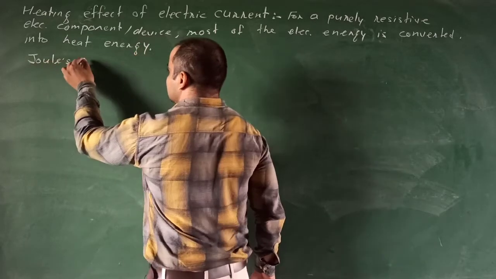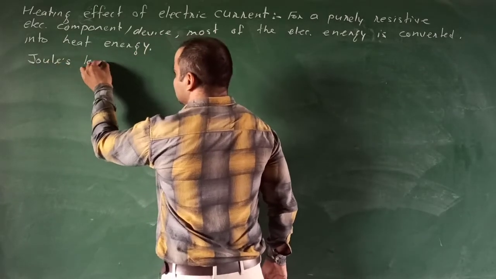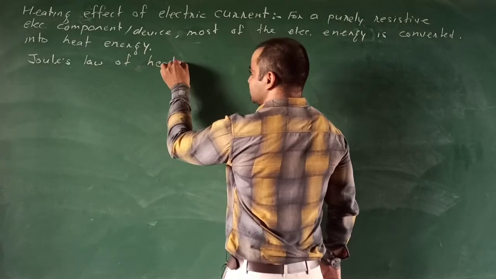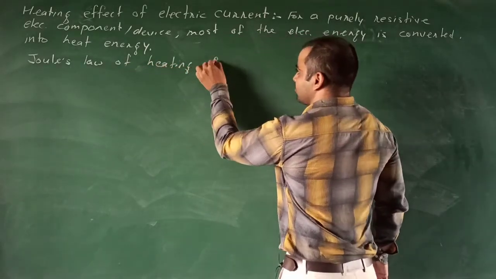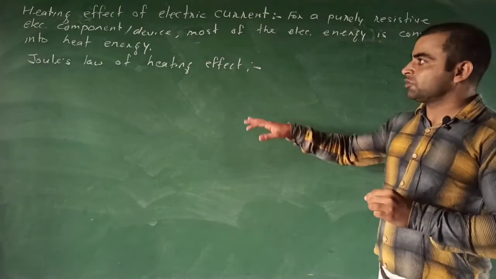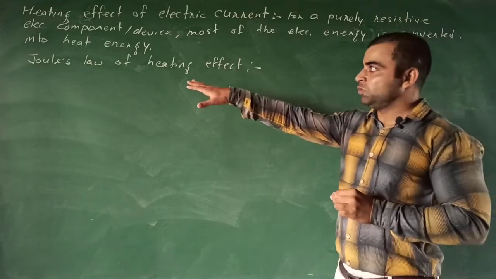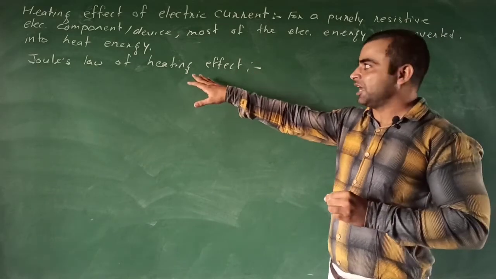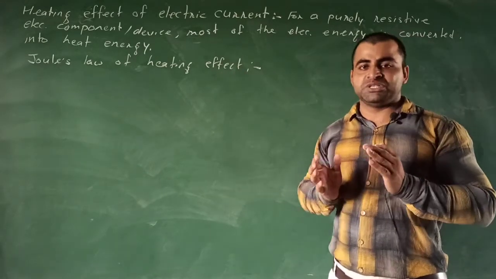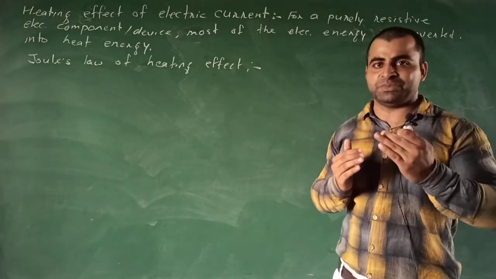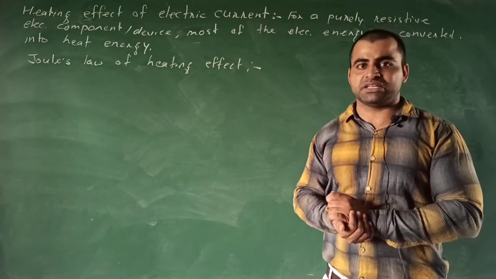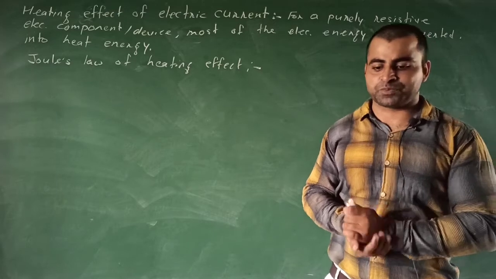Joule's law of heating effect. One of the physicists named Joule described the heating effect. The heat of the components depends on some factors. These factors are current, resistance, and time.